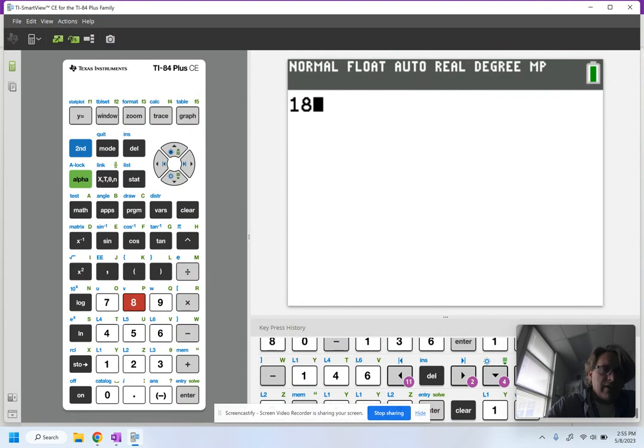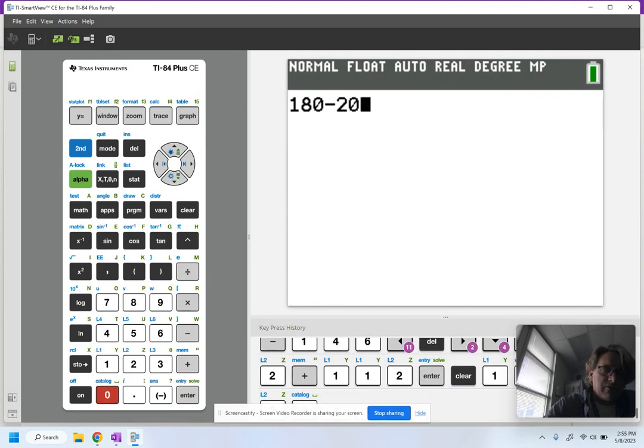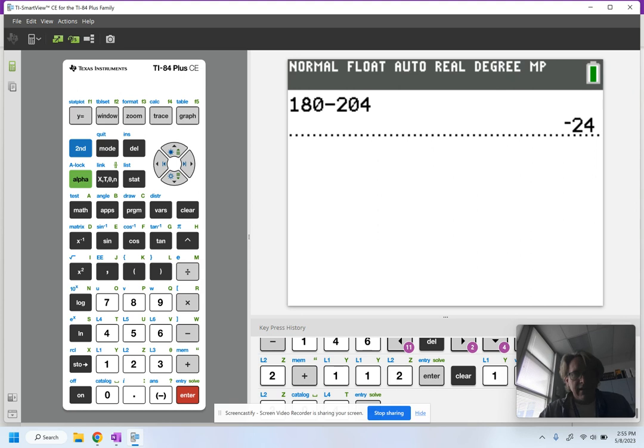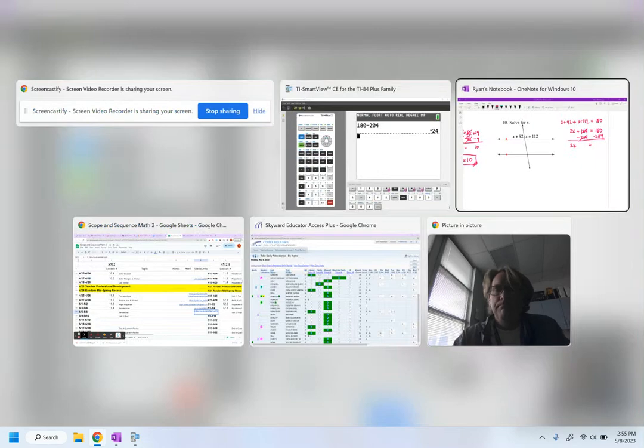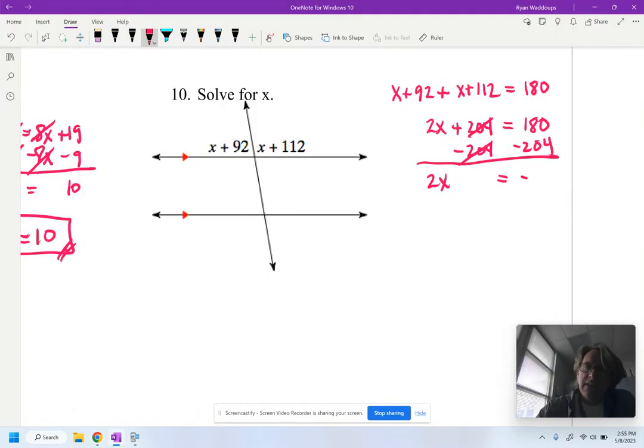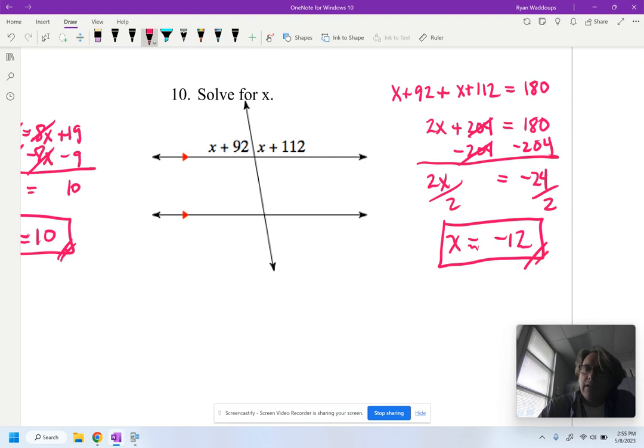So 180 minus 204 is negative 24, and on the left we have 2x. So then I divide by 2, x equals negative 12.